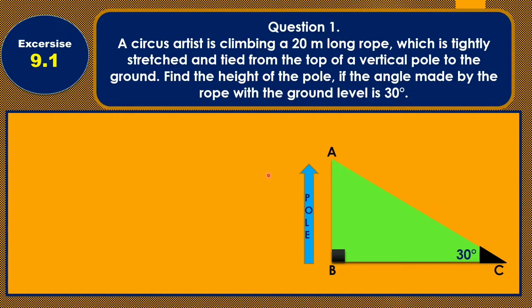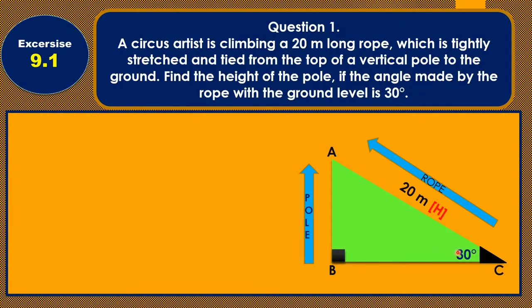As we know, the pole is always vertically straight, so it makes a 90-degree angle. Consider AC as the rope, which is 20 meters long. According to the question, the angle made by this rope with the ground level is 30 degrees. So we'll consider this angle as 30 degrees, which means it is an angle of elevation.